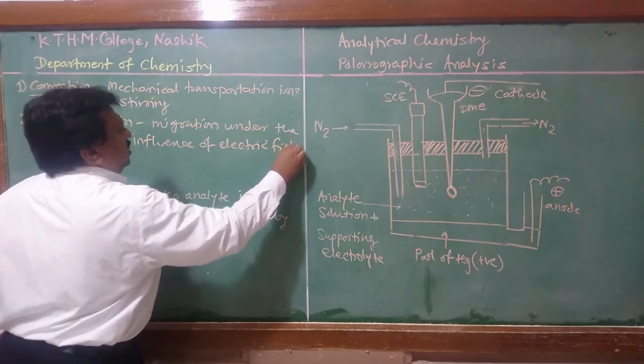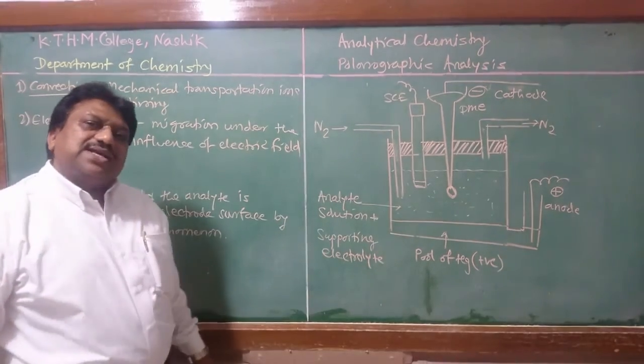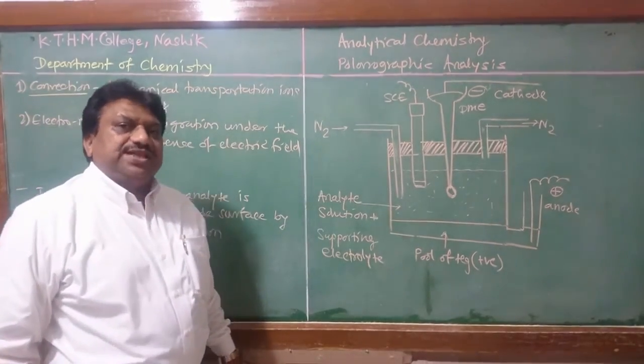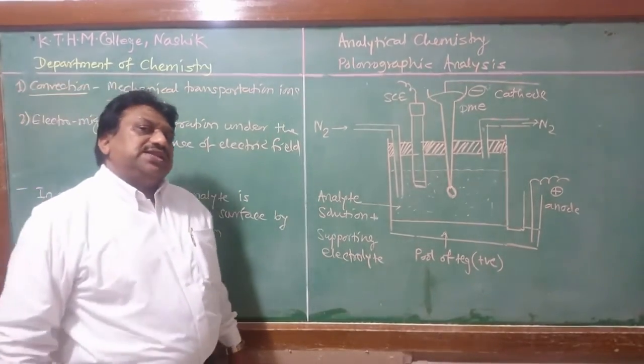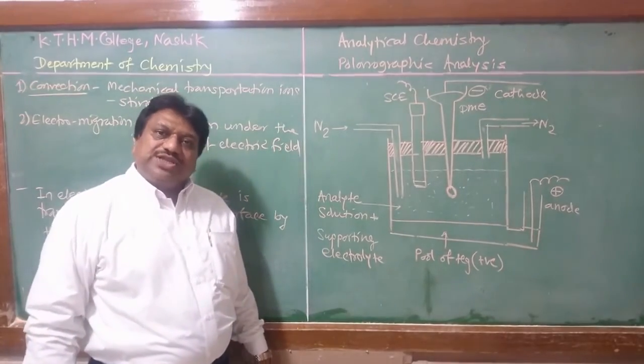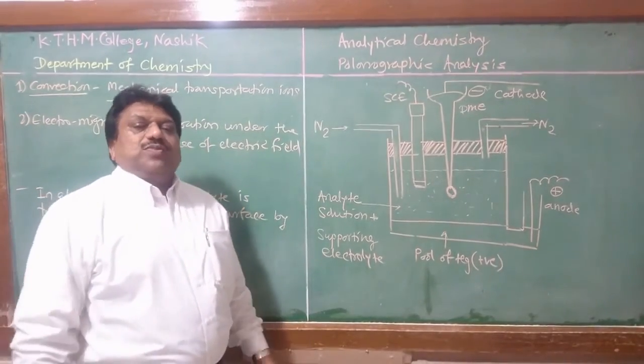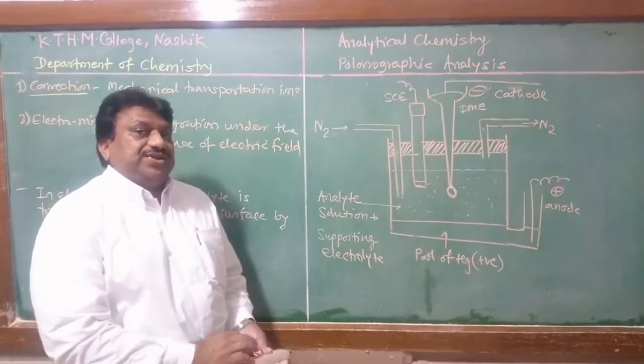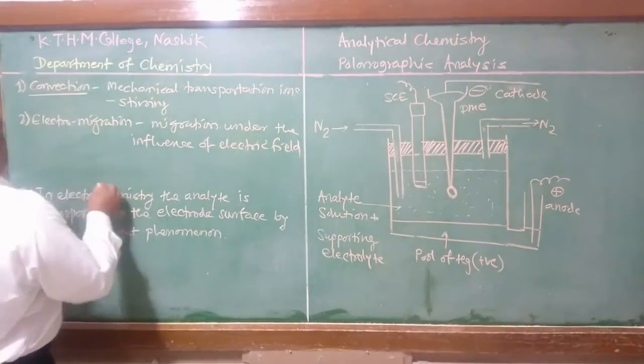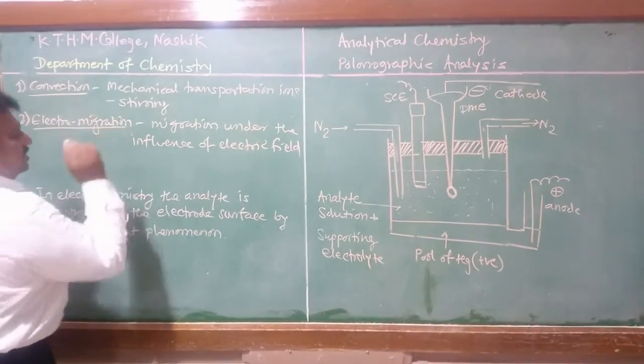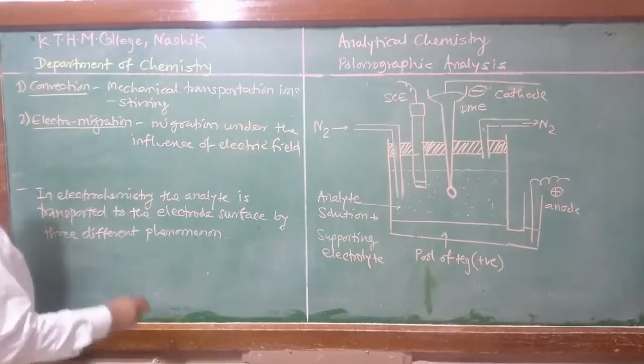It means positively charged ions are attracted towards the negatively charged electrode, and negatively charged ions are attracted to the positively charged electrode because of the electrostatic force of attraction, and that migration is termed electromigration.